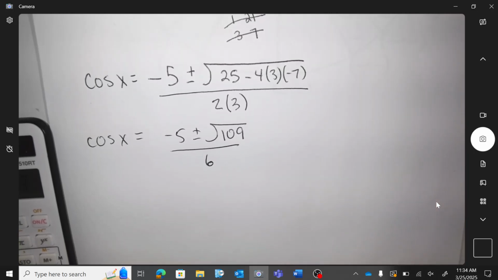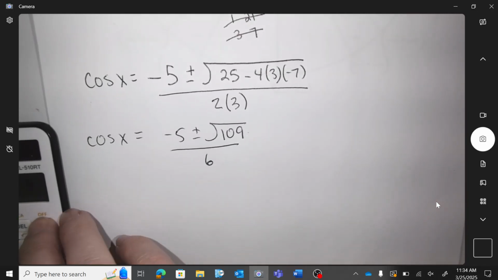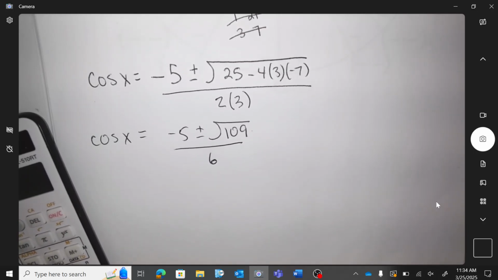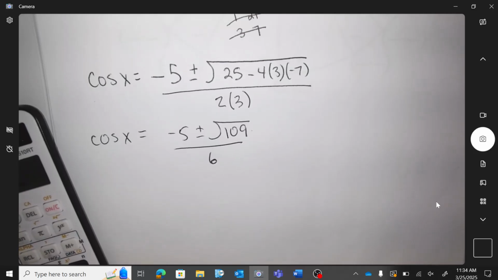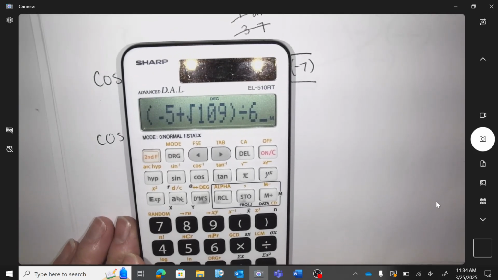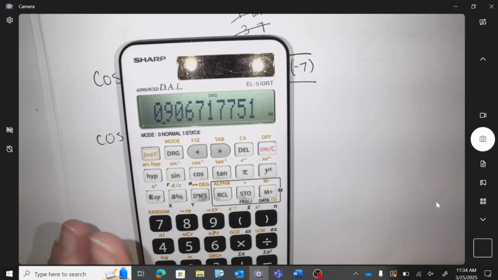Okay, the discriminant part, if I calculate just that, was 109 inside that radical part. So I've simplified the radical part and I've simplified the bottom. Okay, so you're going to go into your calculator. Okay, so on the adding option, I'm getting 0.91.